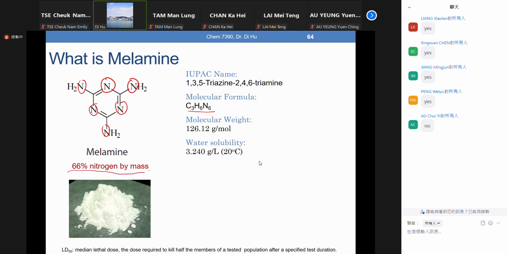Melamine also has amine groups, so it's a weak base. Its basic ionization constant is about 10 to the minus 9.